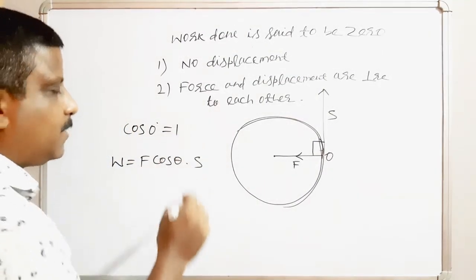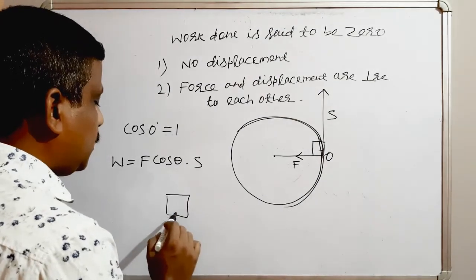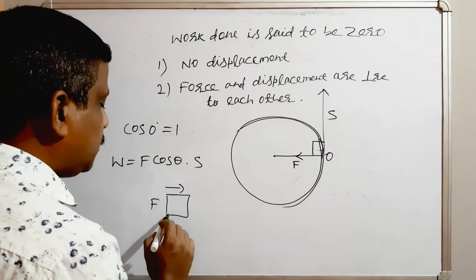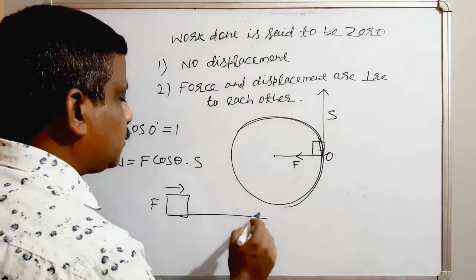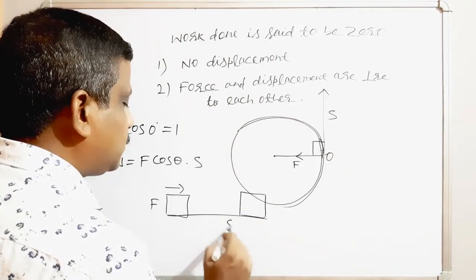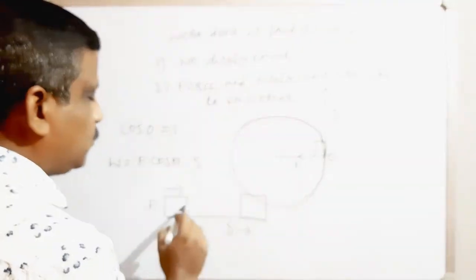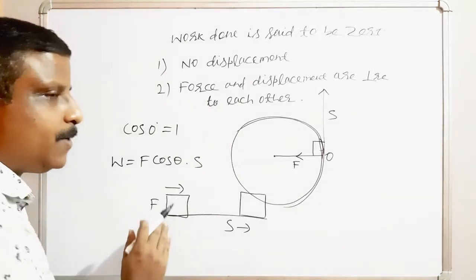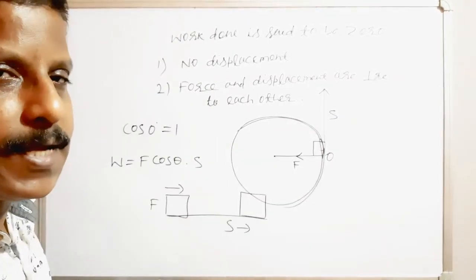Suppose the body is here and the force is applied on the body in this direction. The displacement of the body is in the same direction as the force applied. Both are in the same direction. So is any angle forming between the force and displacement? No angle is forming. That means angle theta is 0.